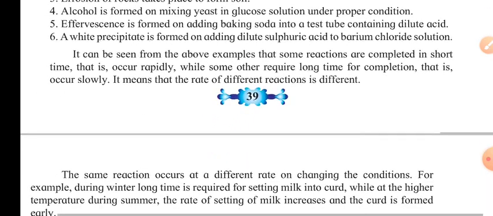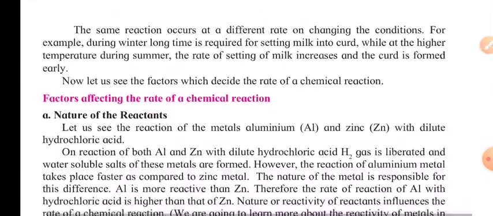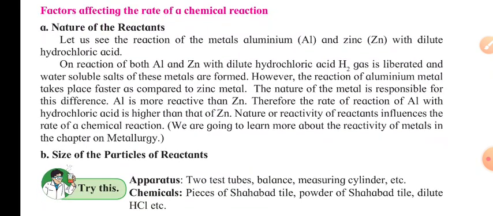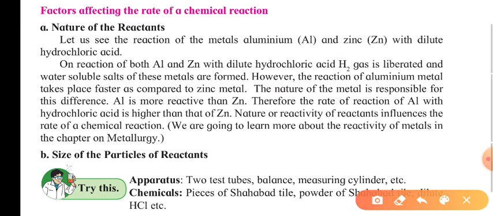When we talk about the rate of chemical reactions, there are multiple factors which decide the rate of chemical reaction. So those factors we are going to see, factors affecting the rate of chemical reaction. The first one we are going to see is the nature of the reactants. Nature of the reactants is very much important.